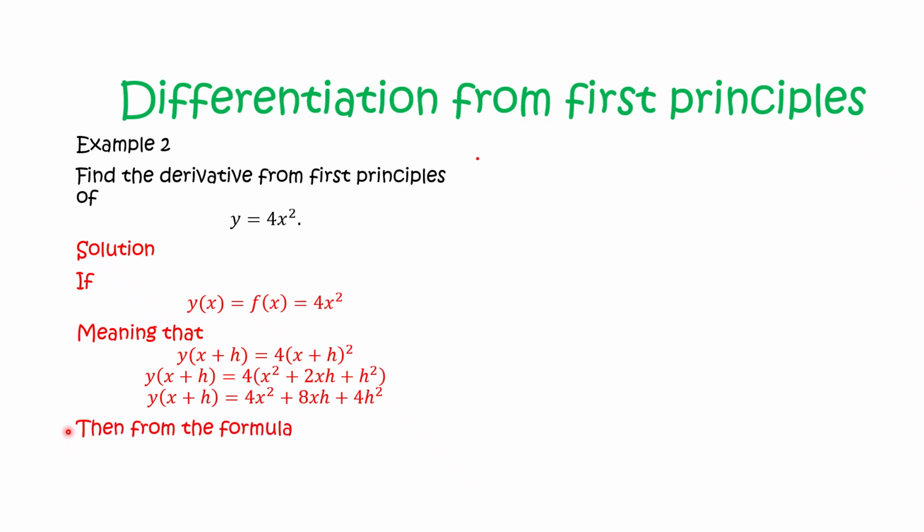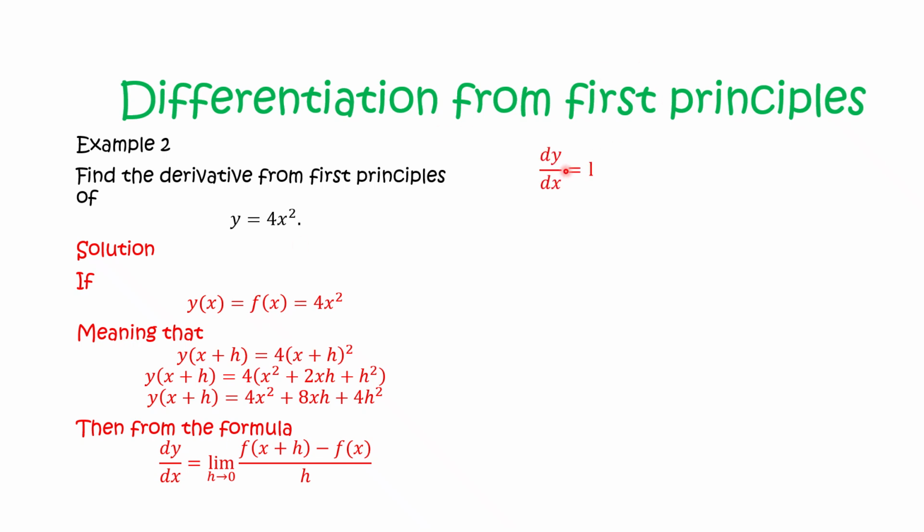Then, from the formula dy dx, we are going to substitute for the f of x plus h minus f of x, so that we have our dy dx being limit as h approaches 0 of f of x plus h minus f of x over h.